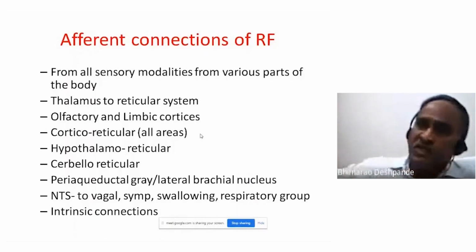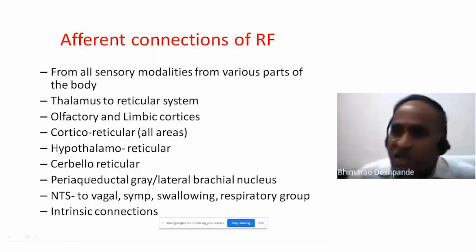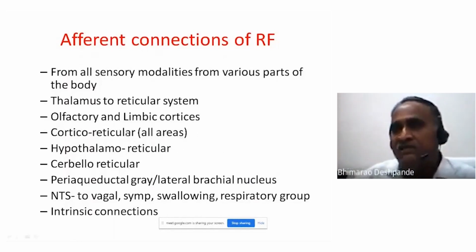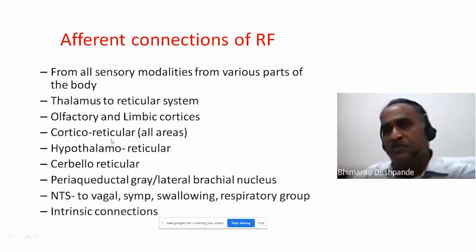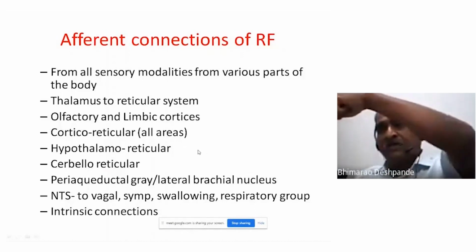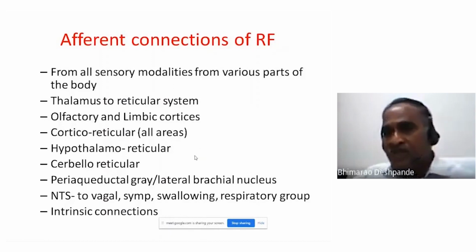That has to be from the occipital cortex. That means all areas. That is why I mentioned the cortico-reticular. All areas of the brain give projections to the reticulum. So maybe frontal cortex, maybe parietal cortex, maybe occipital cortex, maybe auditory cortex, or from the limbic cortices.